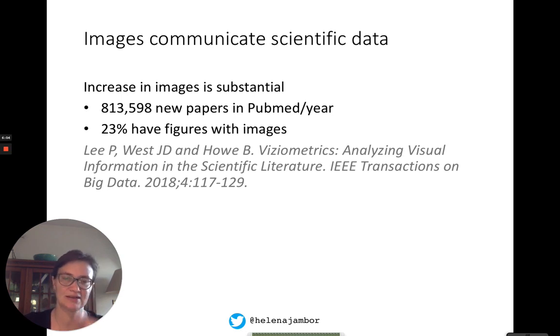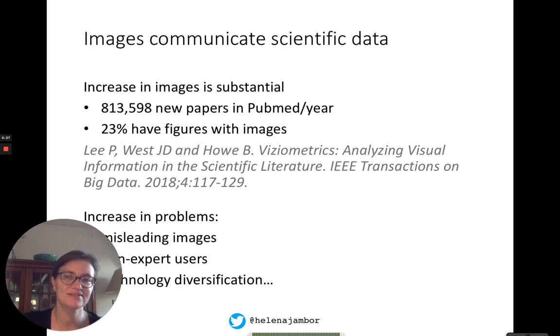Obviously, these images are not all movies. There are different kinds. We have drawings, we have computer animations, we have Western blots, we have photographs, we have microscopy data.